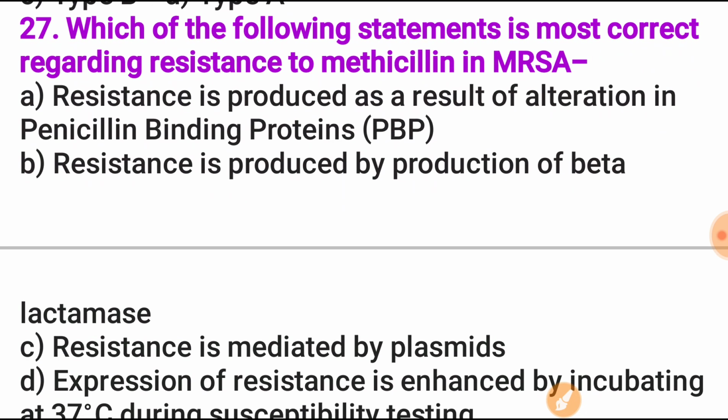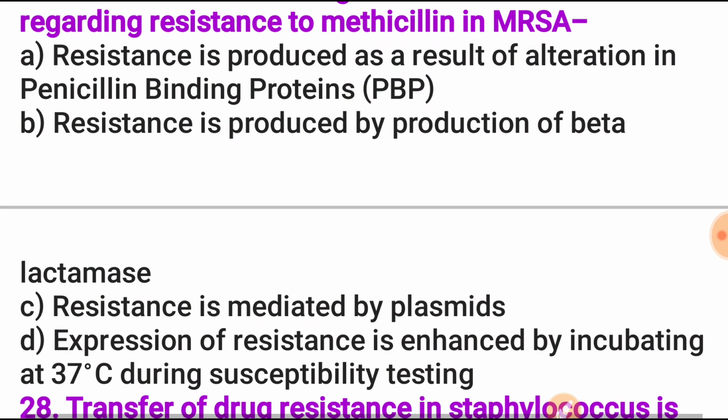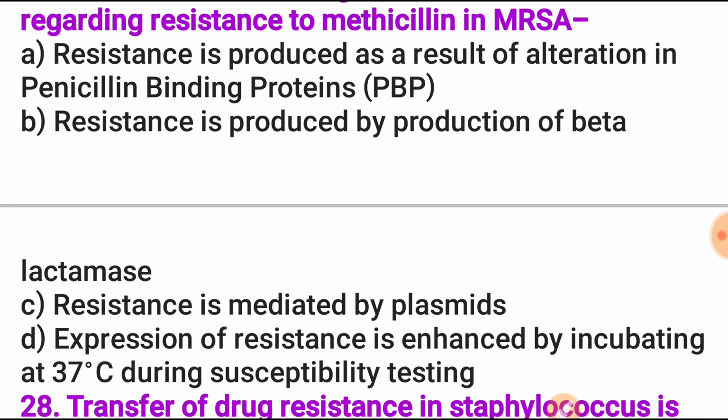Next: which of the following statements is most correct regarding resistance to methicillin in MRSA? Resistance is produced as a result of alteration in the penicillin binding protein. Resistance is produced by production of beta lactamase. Resistance is mediated by plasmid. Expression of the resistance is enhanced by incubating at 37 degrees Celsius during susceptibility testing. These are also repeated questions, already told.